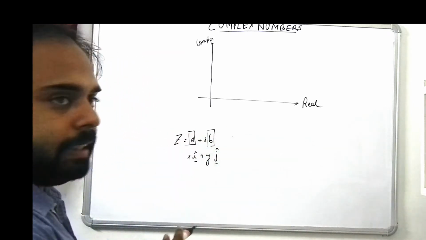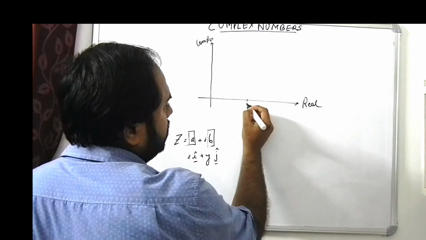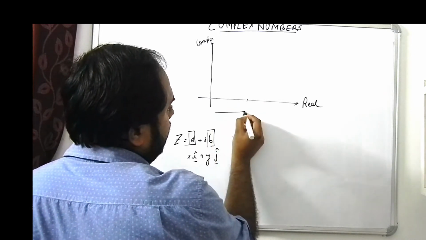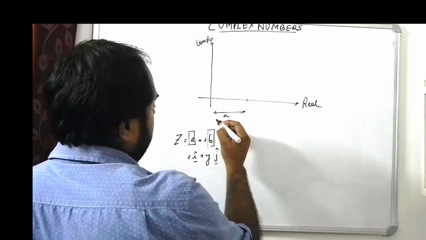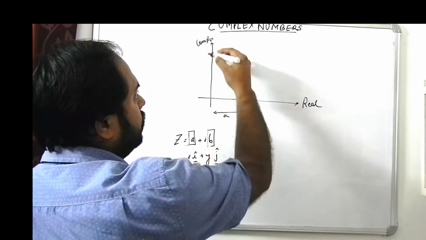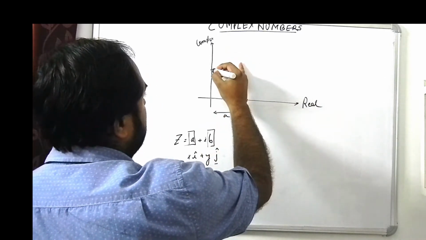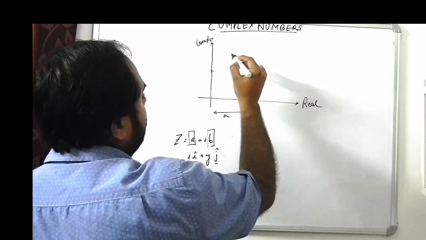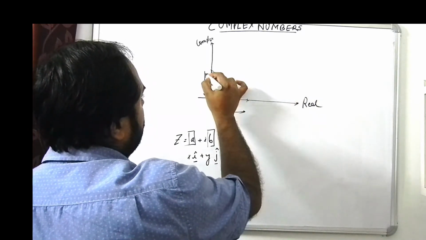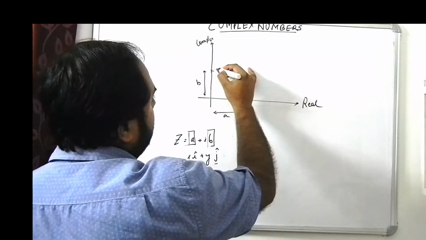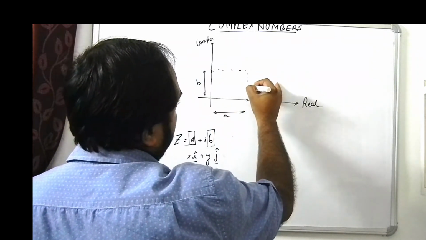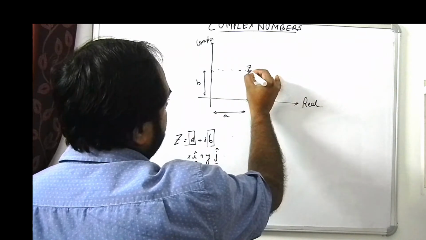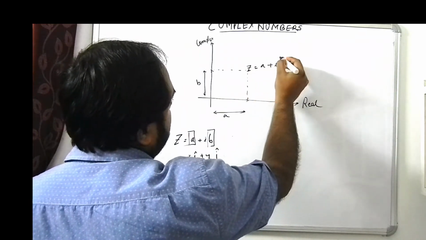So we go a units here, which is this length a, and if I go in the positive complex axis direction to a point b, this is the distance b. So this point is z is equal to a plus iota b.